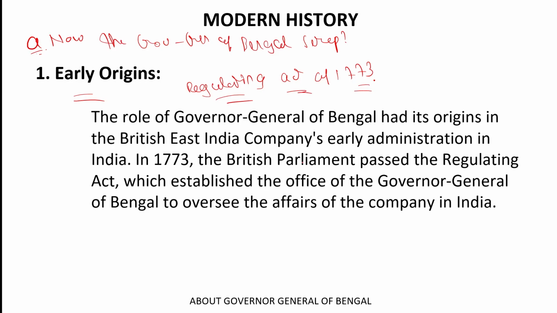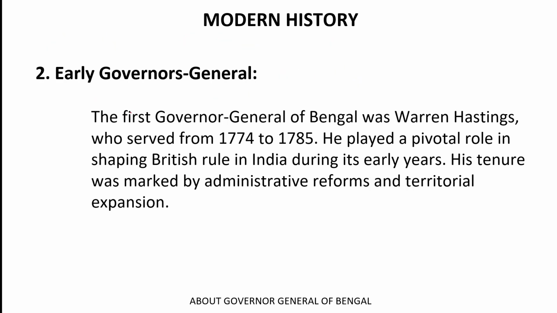The Regulating Act of 1773, passed by the British Parliament, was the main cause behind the establishment of the Governor General of Bengal.